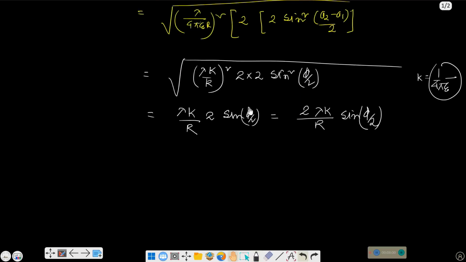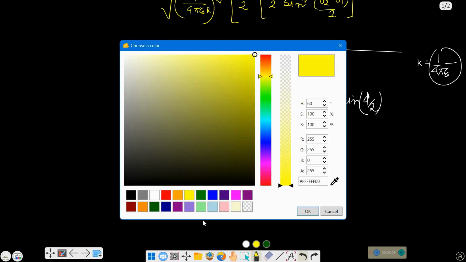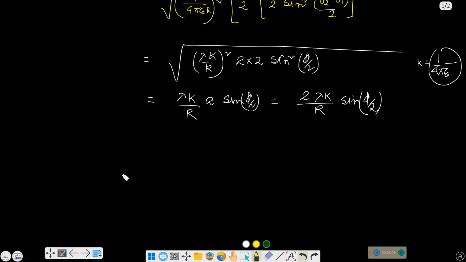Okay, so this is the magnitude for any arc. If you know the angle subtended by the arc at its center, then we can find out the magnitude of the electric field like this.